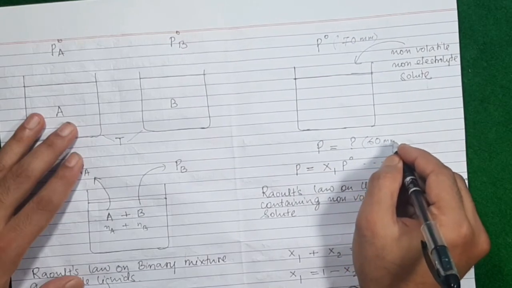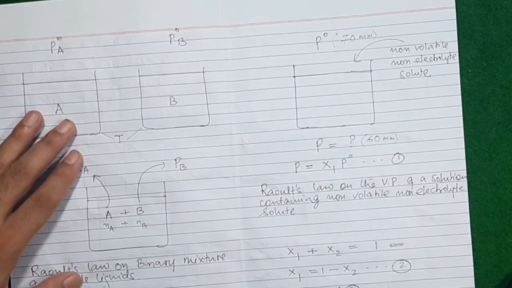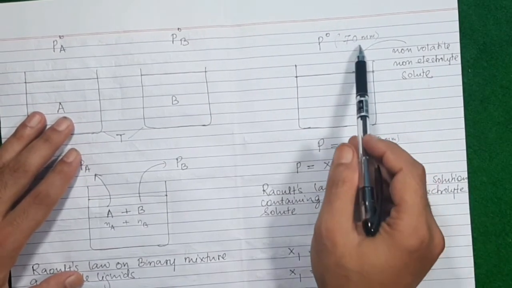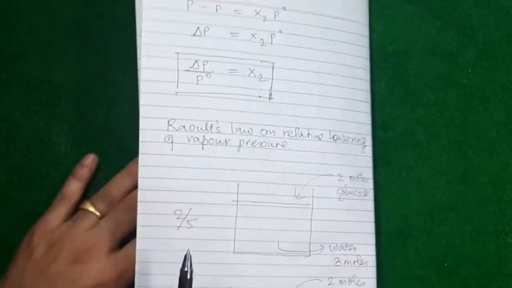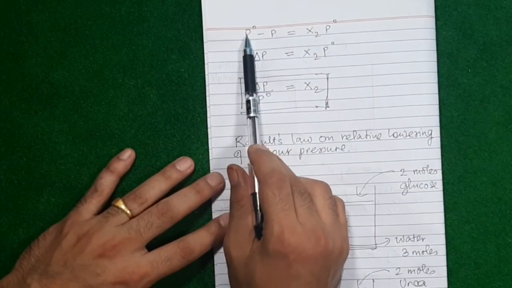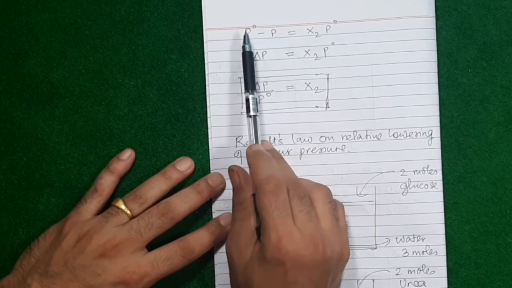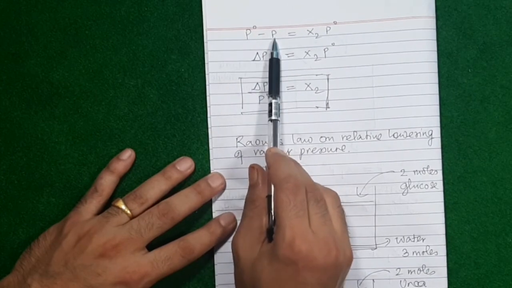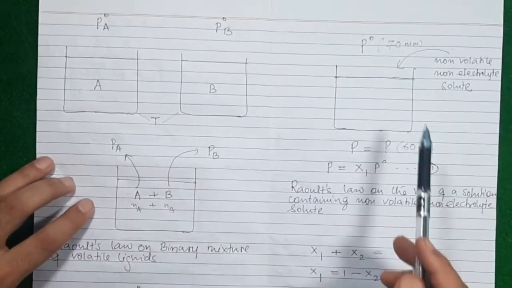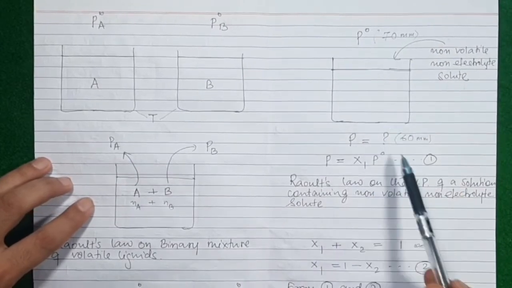Okay. So the pure solvent has 70 mm of vapor pressure. Now in the solution it is only 60, and this always happens. It's called lowering of vapor pressure. So 70 in pure state minus 60 in solution. 70 minus 60. Isn't it 10? Isn't it the value by which the vapor pressure has gone down?